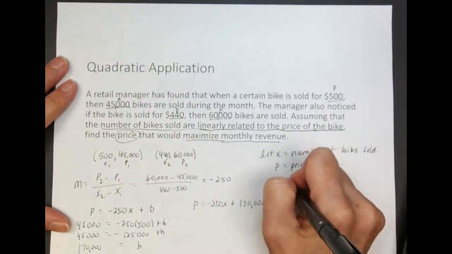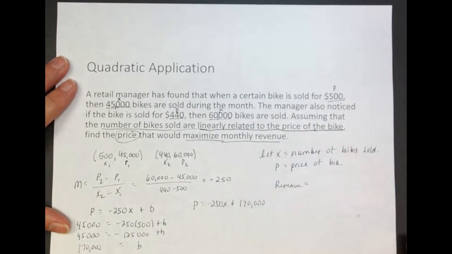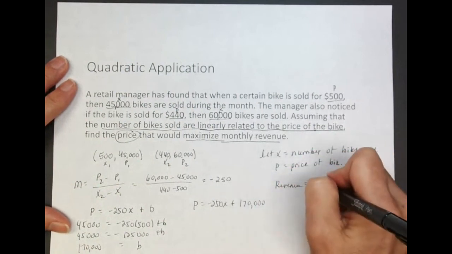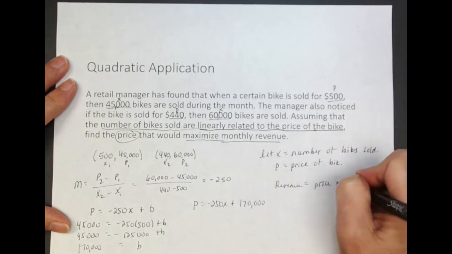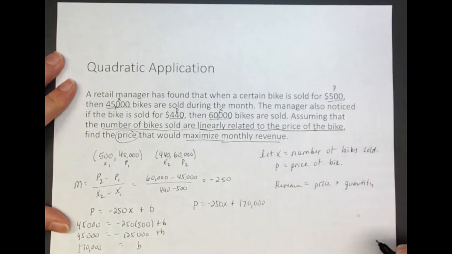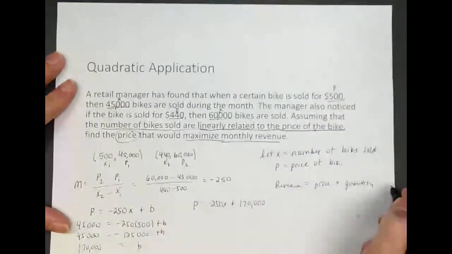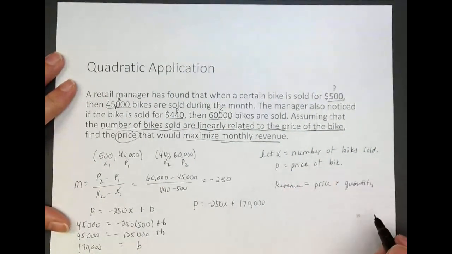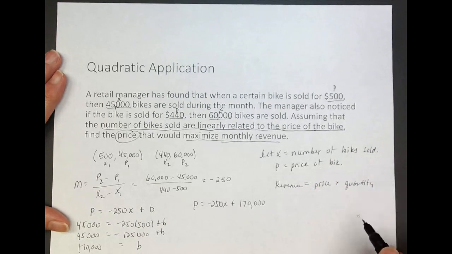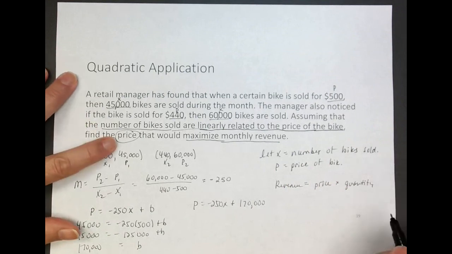Well, revenue is always going to be price times the quantity sold. So I could say that revenue is a function of price, or I could say that revenue is a function of the quantity sold. I think it's going to be more valuable to say it's a function of the quantity sold.